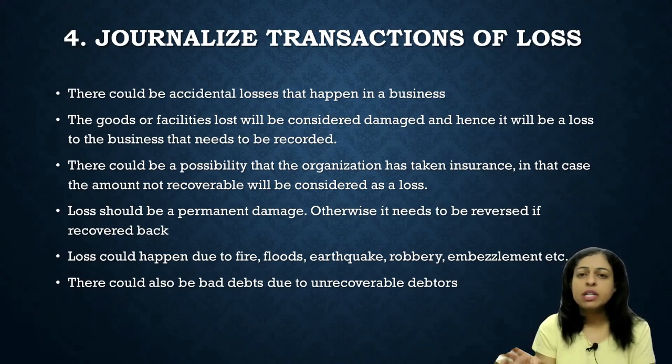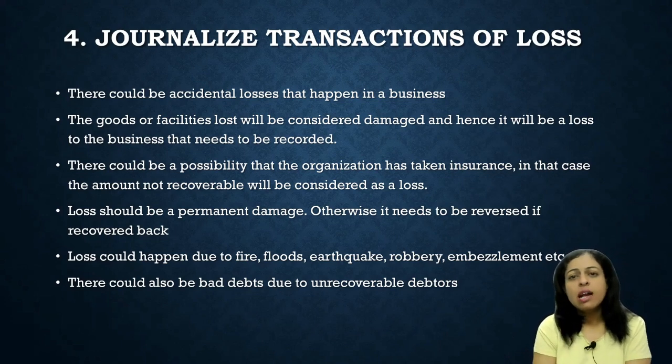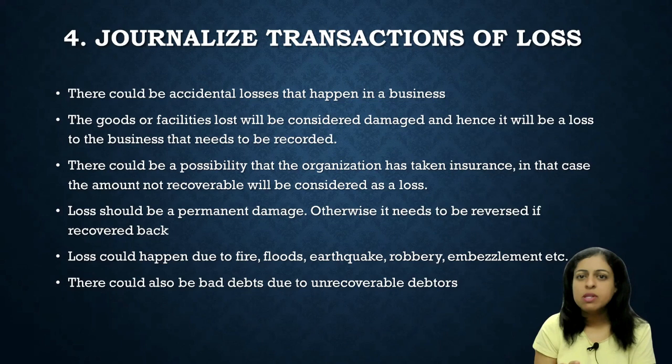You have given somebody credit, goods are given on credit, and this credit is now not recoverable. So that becomes a loss called loss by bad debts. Fine. So innumerable losses are there, and we are going to see now with examples how these losses are recorded in the journal. Fine. Let's proceed to examples.